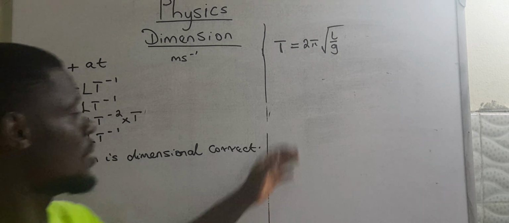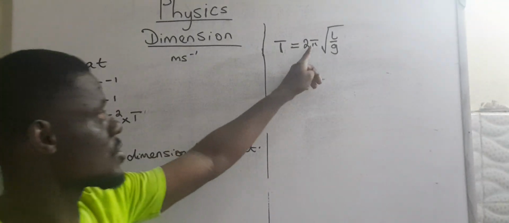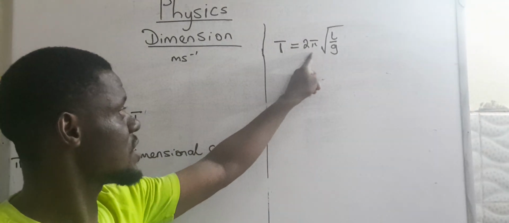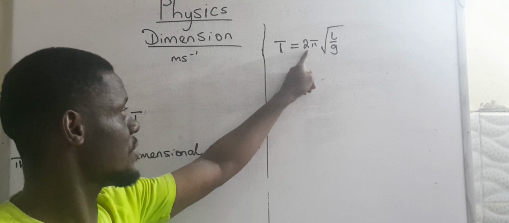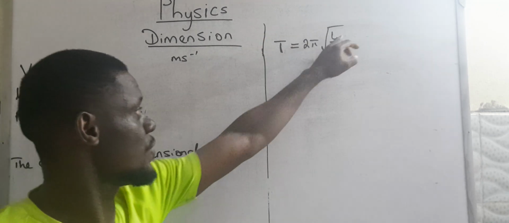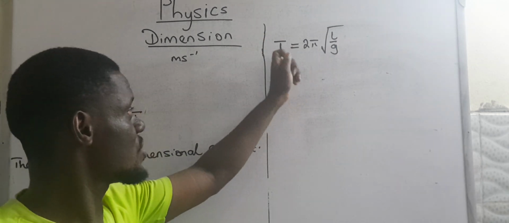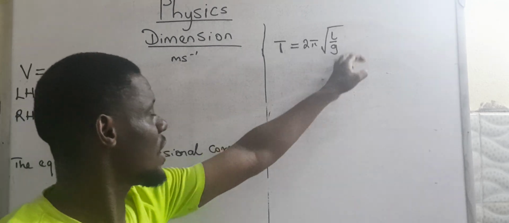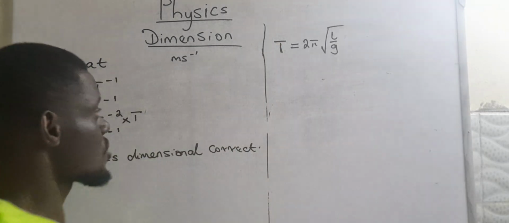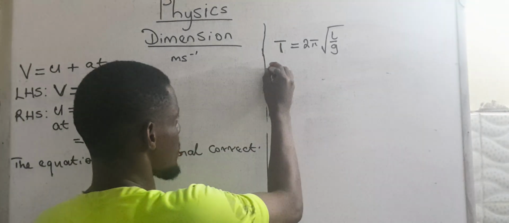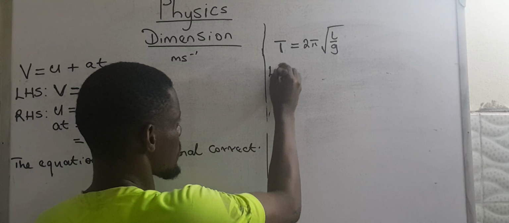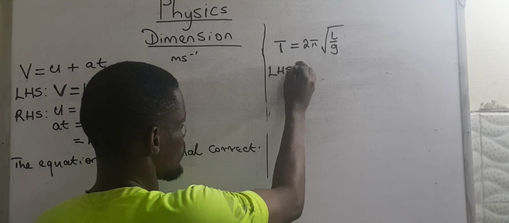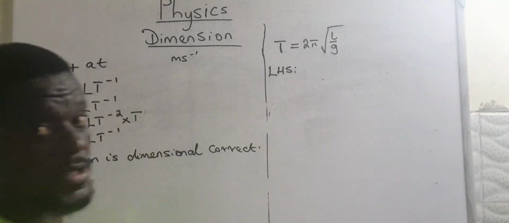So again, we check term by term. However, we're not concerned with this constant term here because it is a number, it's a value. What we're concerned with is the physical parameters, which are T, the period, L, and g. So the left hand side, the period is the same thing as time.